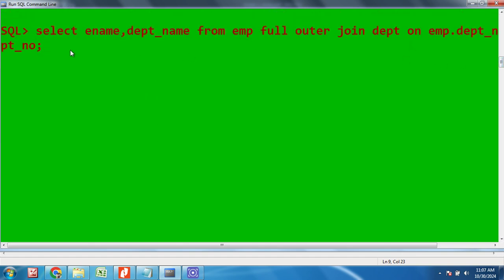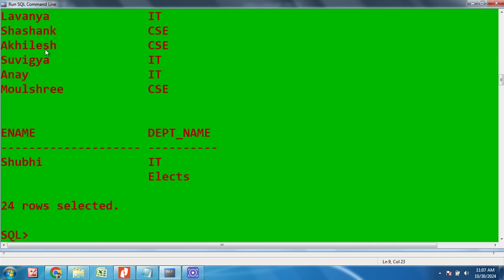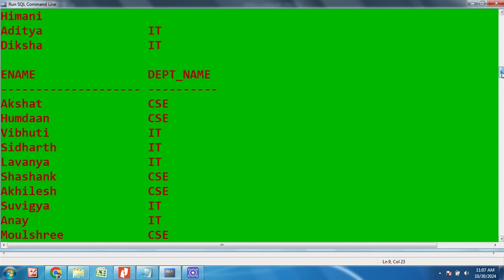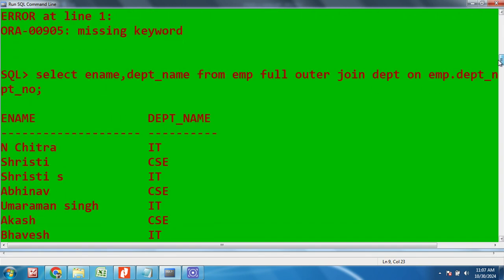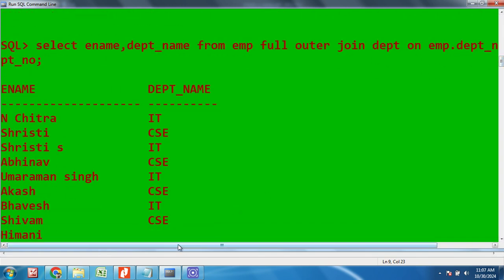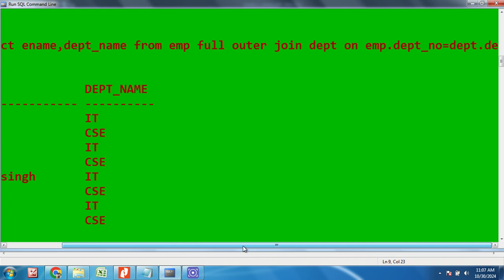Try to see the output. So this is showing me output, it is not giving me an error. So we can write the command like this: select ename, dept name from emp full outer join dept on emp.dept number equals dept.dept number.